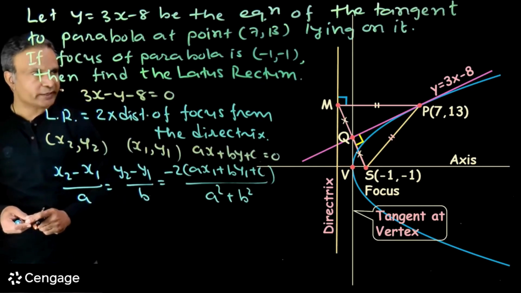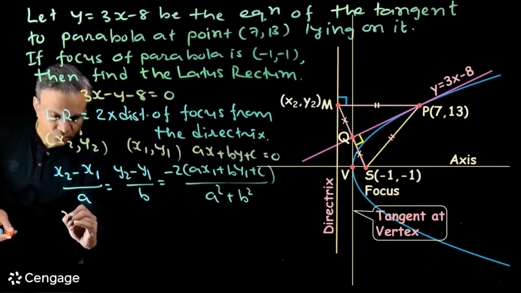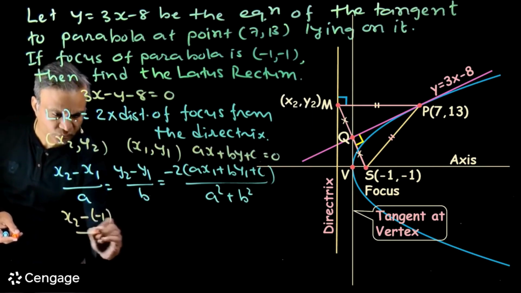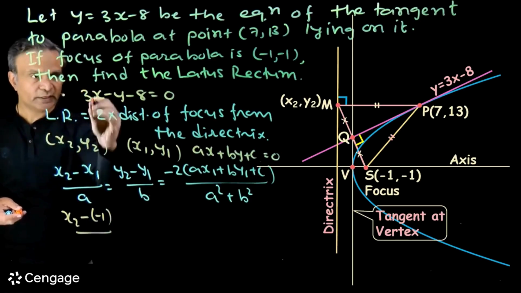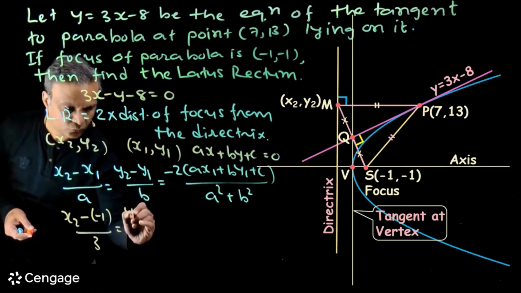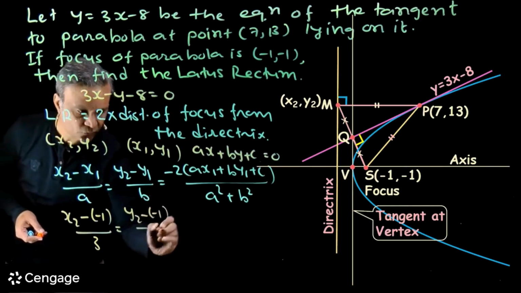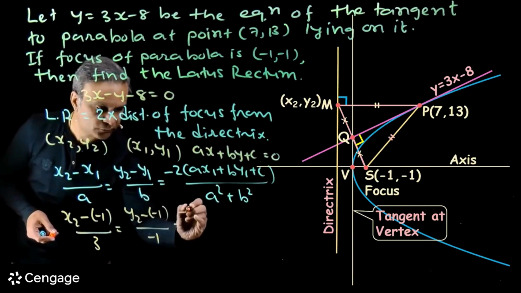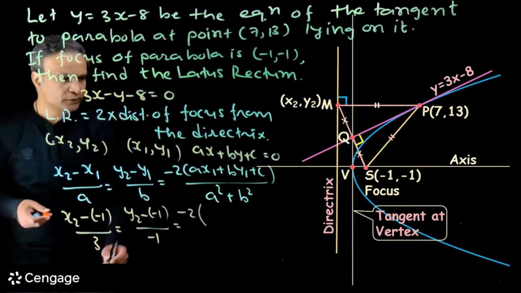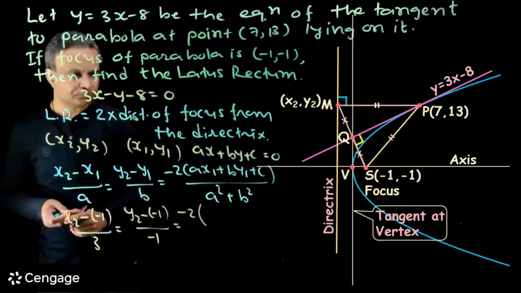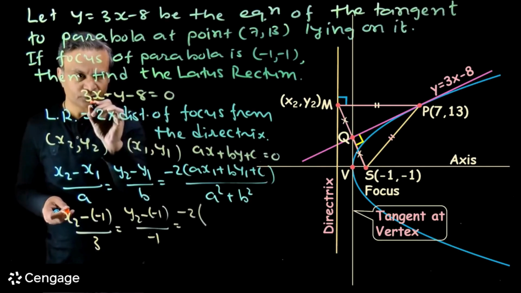Suppose the coordinates of point M are (x2, y2), so we will have (x2 minus 1) over a, where a is the coefficient of x, it is 3, equal to (y2 minus 1) over b, where b is the coefficient of y, it is minus 1, is equal to minus 2 multiplied by the expression with x1 and y1 put in.